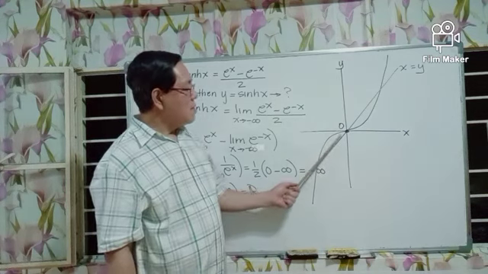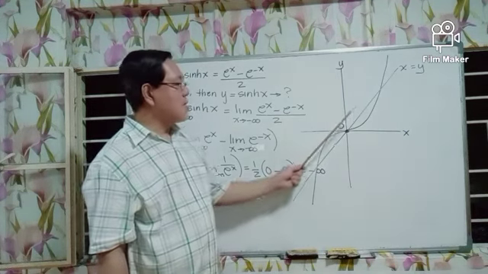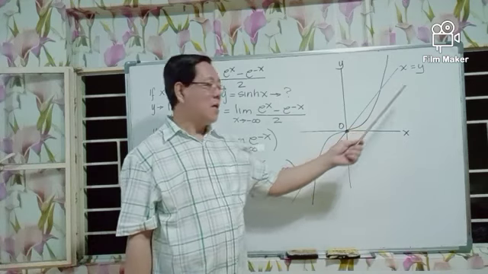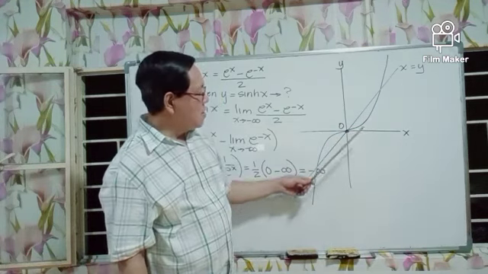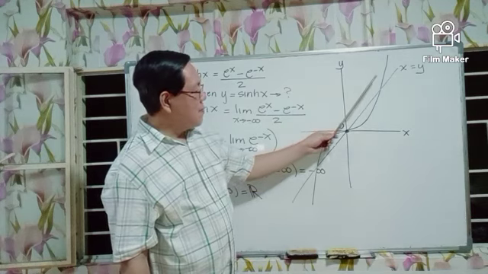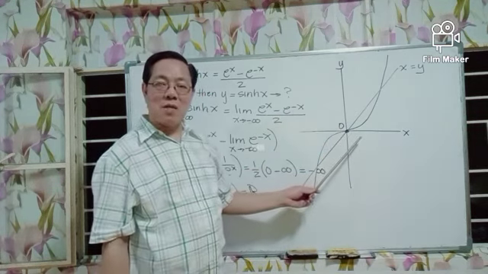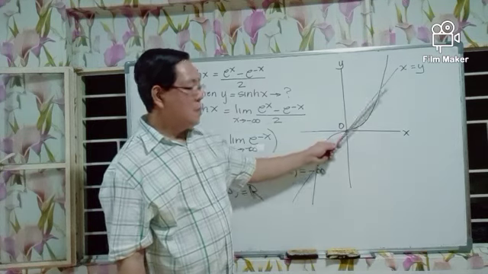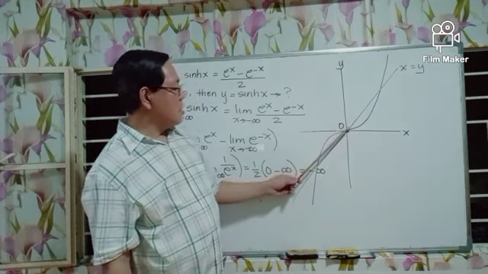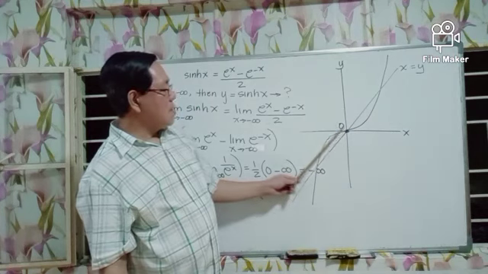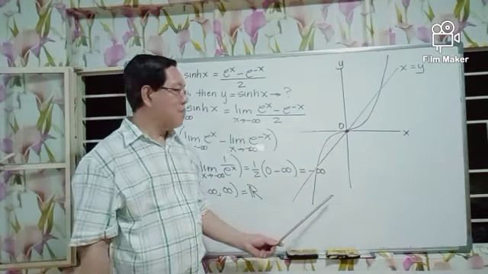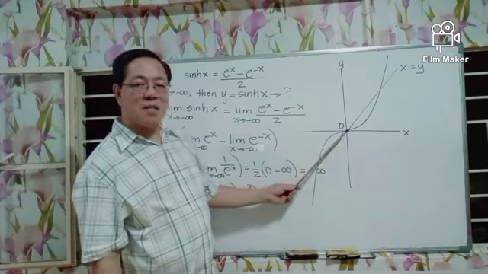And the graph of the hyperbolic sine is symmetric with respect to this line x equals y, which means that the part of the graph of the hyperbolic sine below the line x equals y is the same as the part of the graph above the line x equals y.